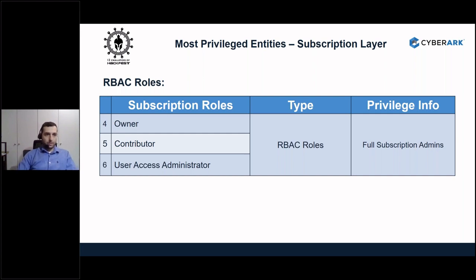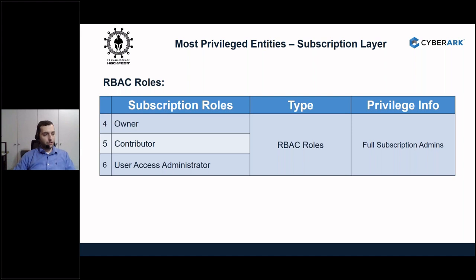And from the RBAC roles, there are three straightforward admins. There is the owner role. It has the full permissions. There is the contributor. Contributor has the full permission. The only thing it doesn't have is changing others' permissions.